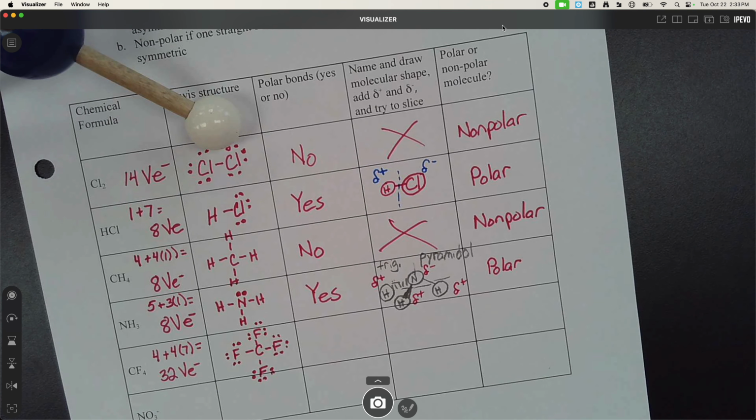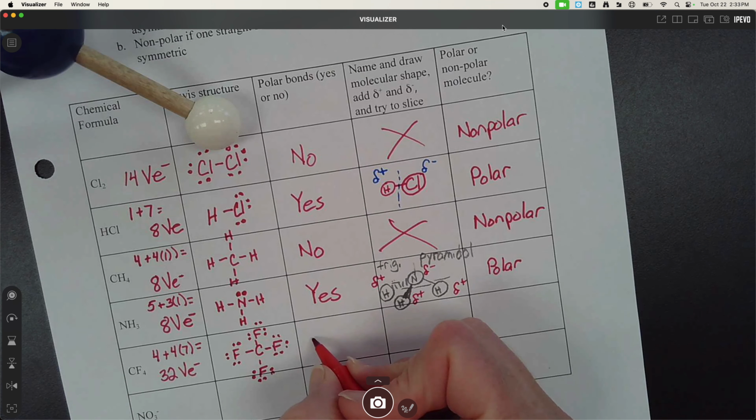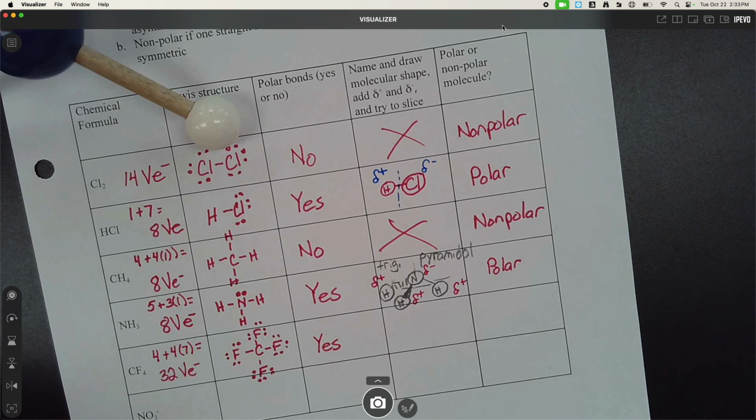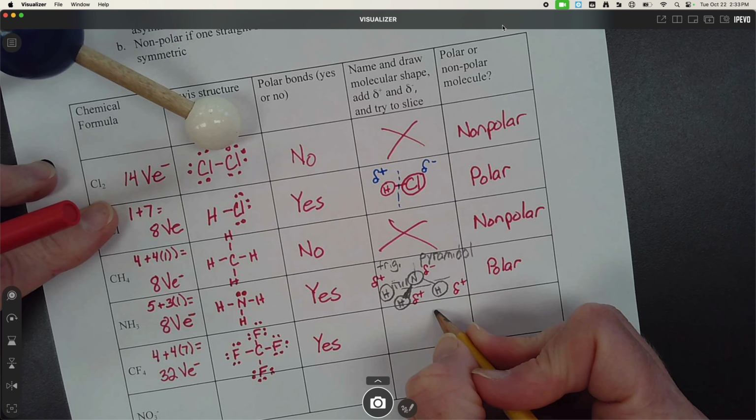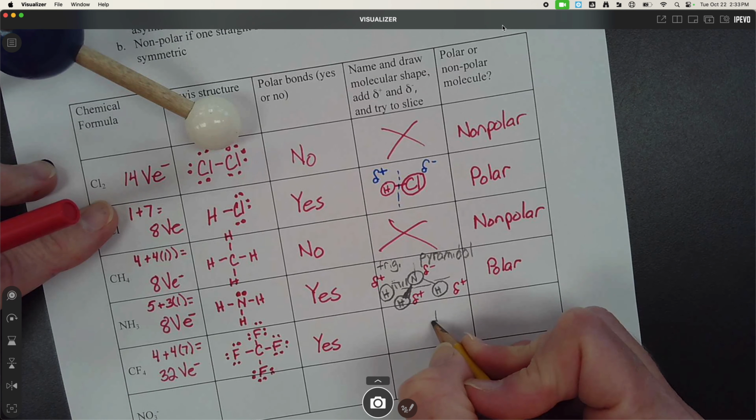Now I check the electronegativity on carbon and fluorine. I find out that they're fairly different from one another. So yes, this has polar bonds. Now I have to draw my molecular shape. So this one is again built on the 4 electron positions, this time with the carbon in the middle.